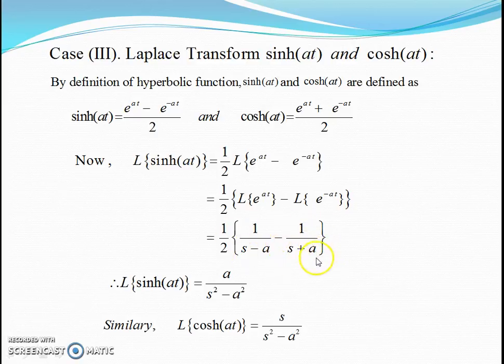When we simplify the right hand side, we get Laplace transform of hyperbolic sine of at equal to a upon s square minus a square. Similarly, we can determine Laplace transform of hyperbolic cos of at as s upon s square minus a square.